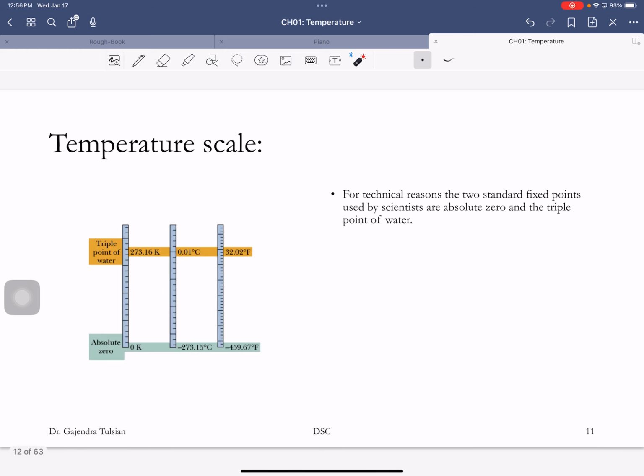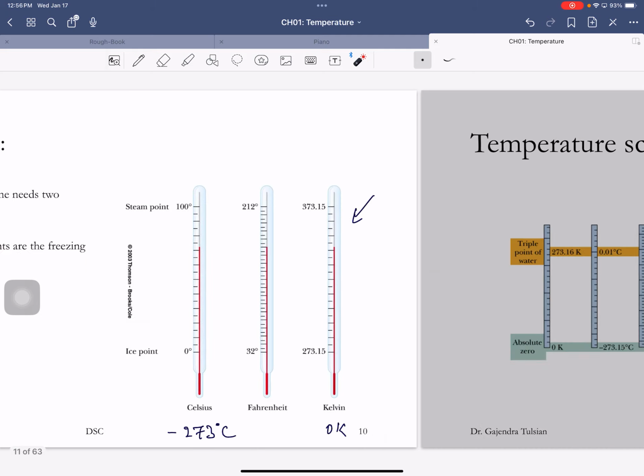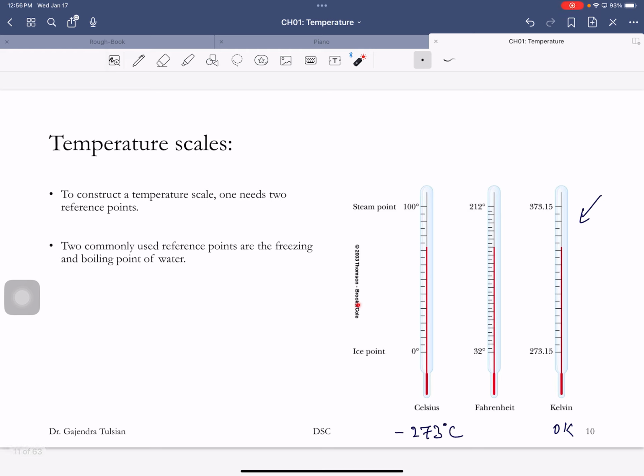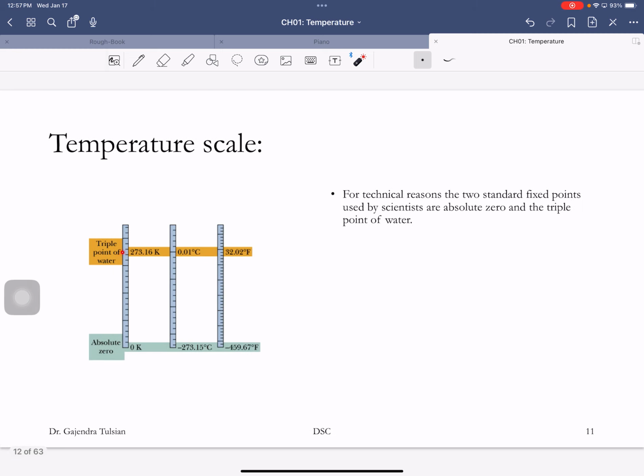But we are scientists, and here are two more precise ones. The reference points should be easily recreatable, very precisely. Ice will melt at 0 degrees Celsius at 1 atmosphere, and water will boil at 100 degrees at 1 atmosphere.